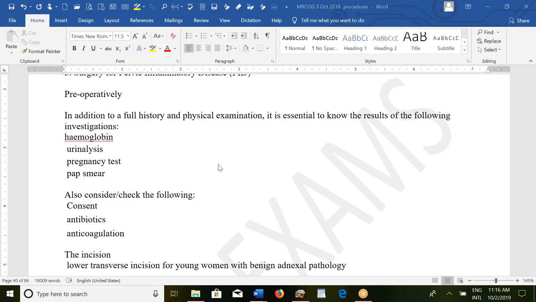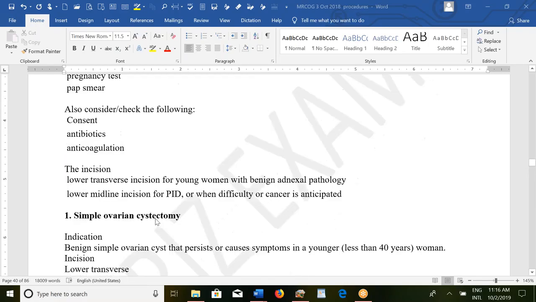In all of those countries, they will request regular pap smears, which can be by the conventional method or by liquid-based cytology. Then another question is, what will you check before proceeding for surgery? You should say consent, she has received antibiotics, and what is the plan for anticoagulation, because these are the complications you are going to face.